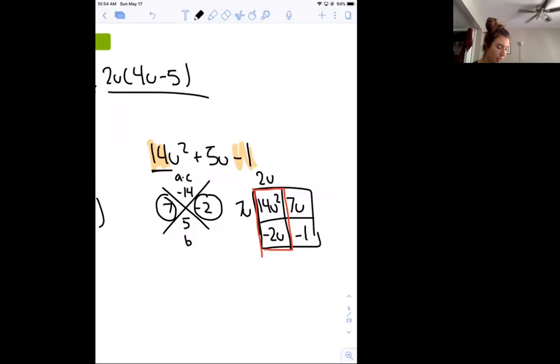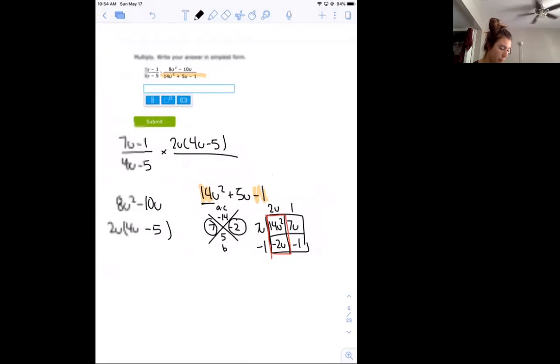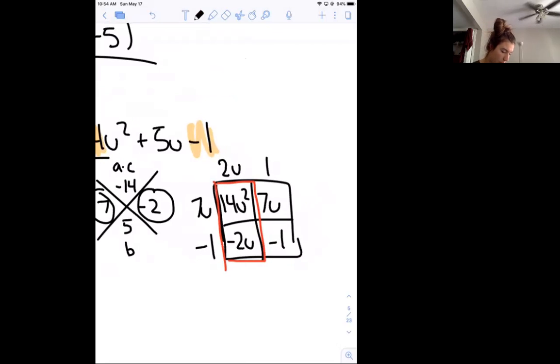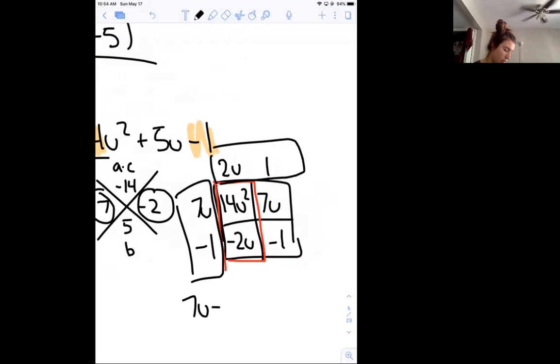Negative 2u and negative 1 have a negative 1 in common, and 7u and 1 just have a positive 1 in common. So these expressions I got on the outside are my new factored form. So this is going to be 7u minus 1, and then 2u plus 1 is the factored form.